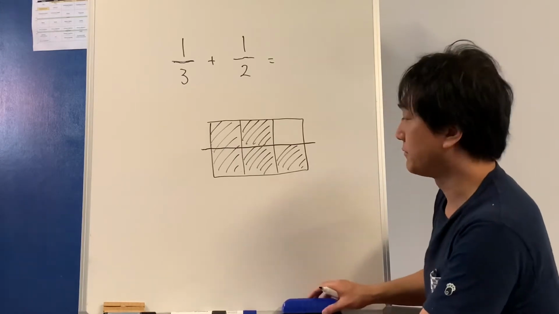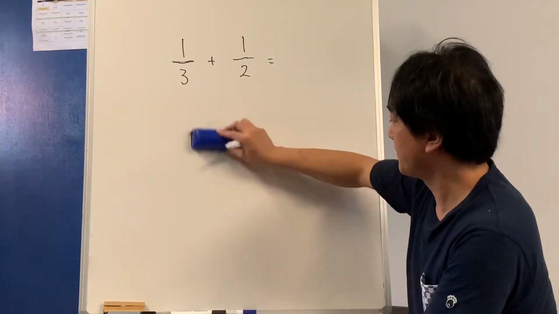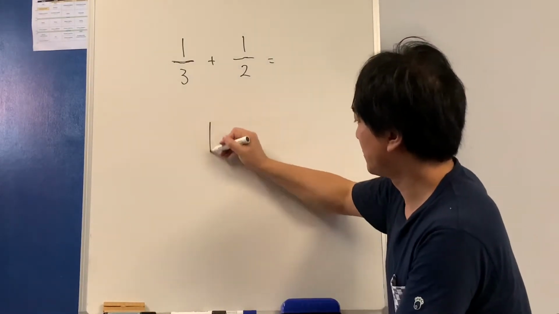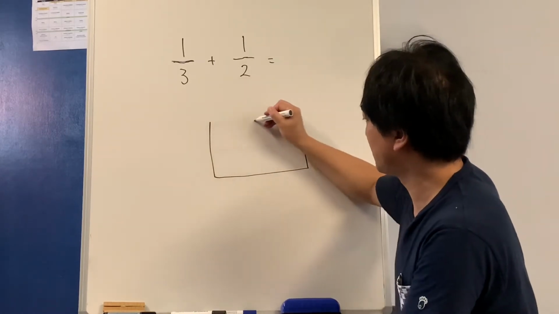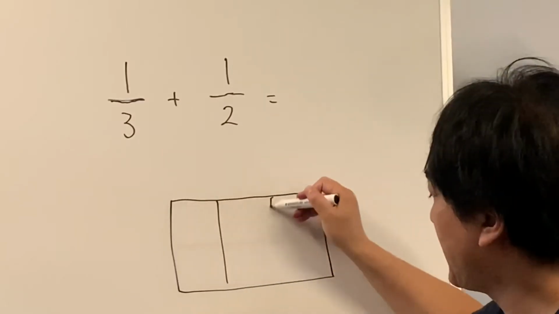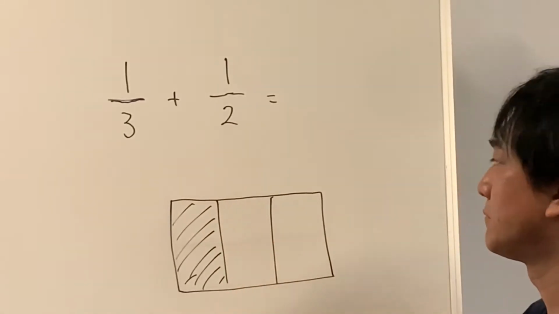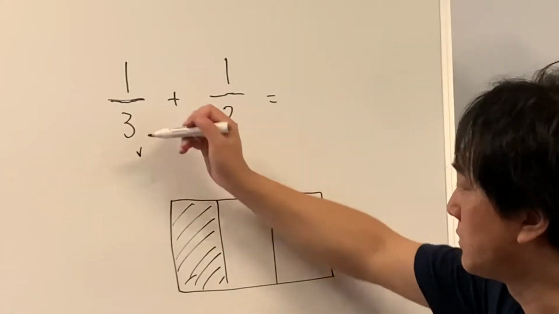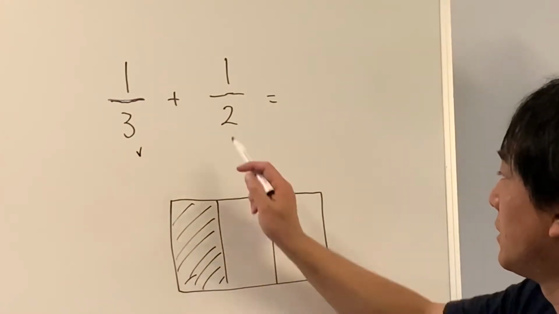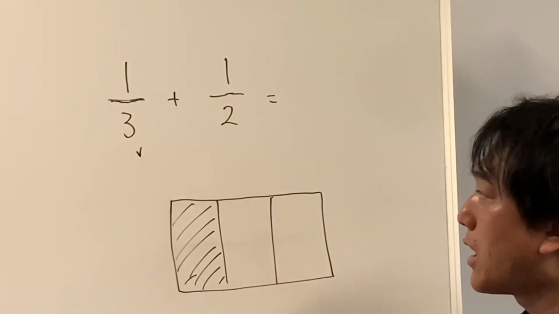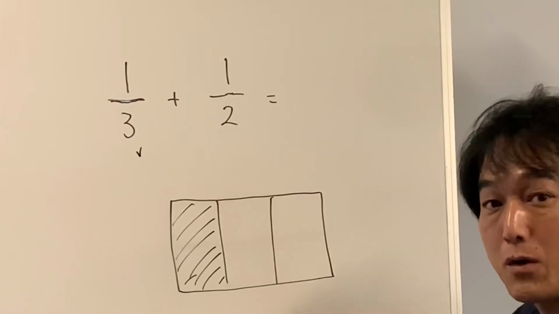I'll do it again. Ready? I'm going to eat 1/3 of my cake. That part's done. Yeah? Also, I need to eat 1/2. Well, I don't need to eat it, but I want to.